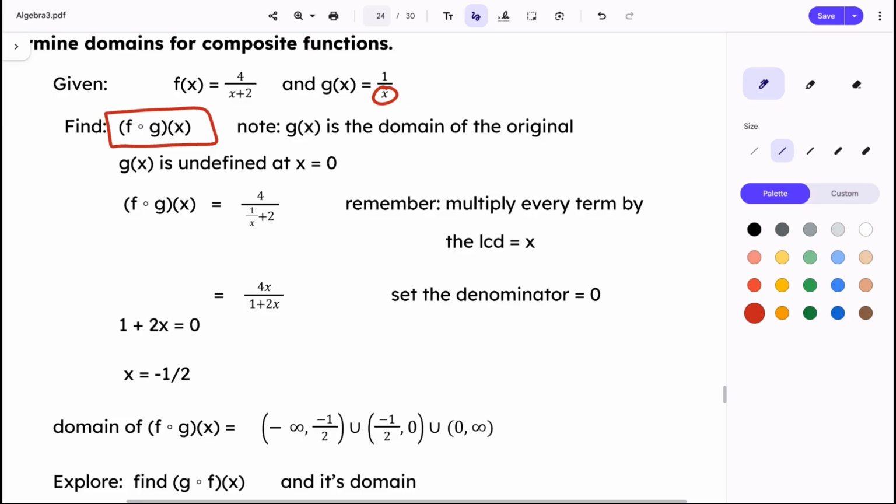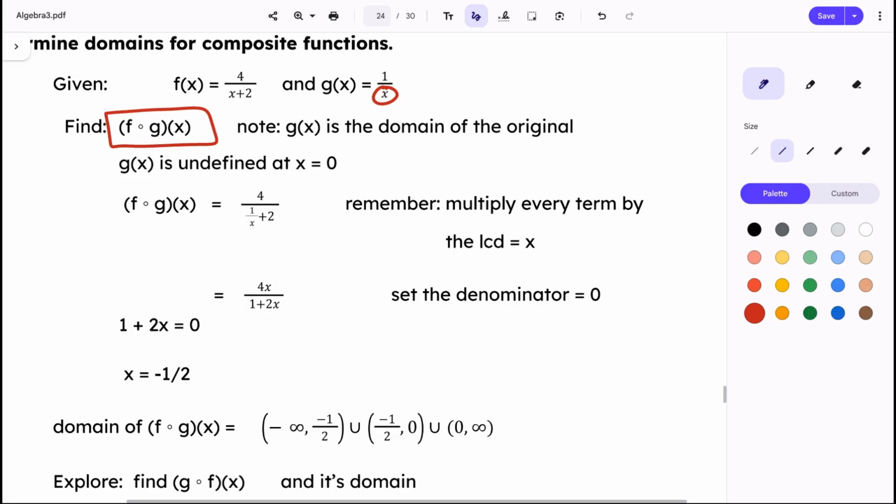They're reminding you that when you're trying to eliminate a fraction, you have to multiply every term by the LCD, which is x. So that's what they did here. They took this x that was in the bottom, right here, and they took this term times x, and they took this term times x. When they took this one times an x, they canceled, and that's where the 1 comes from. And then 2 times x is just 2x.